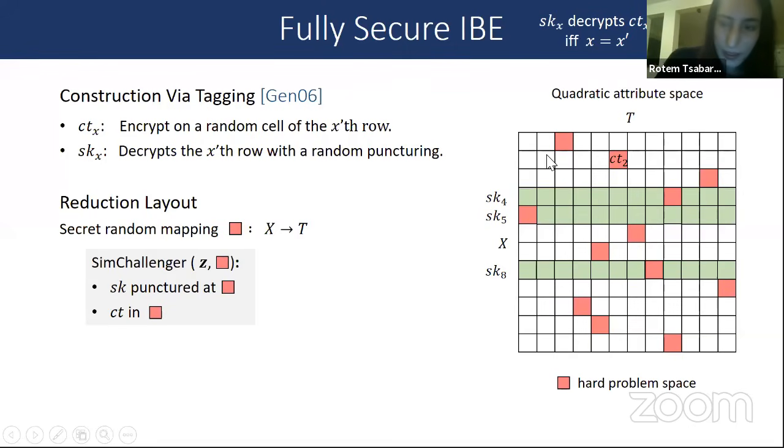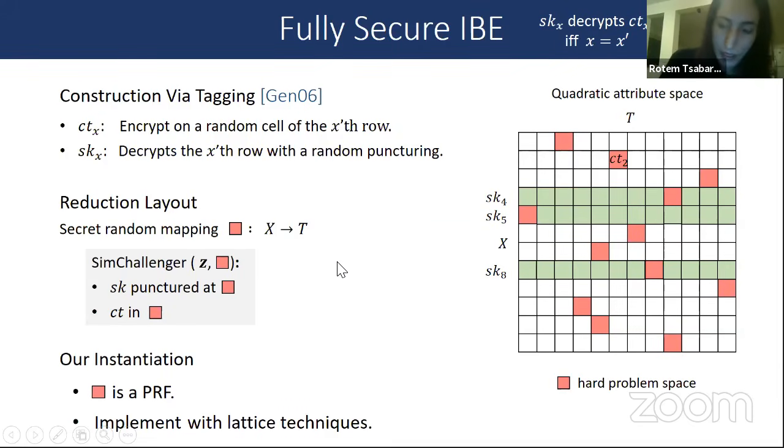So now the question is how to actually implement this abstract idea. Up until now, all that I said appears in the tagging work of Gentry. The new thing in our work is that we show how to actually implement this idea using tagging techniques, and by implementing this puncturing with a pseudorandom function.